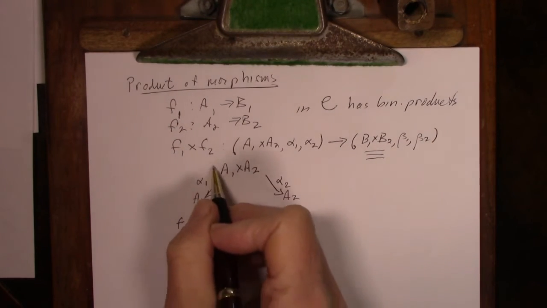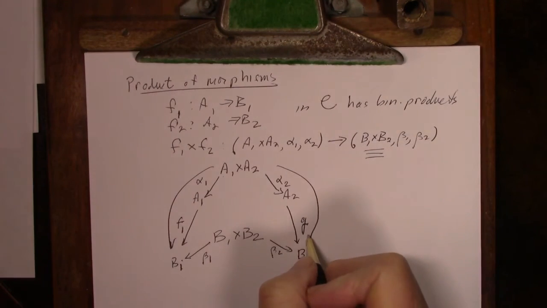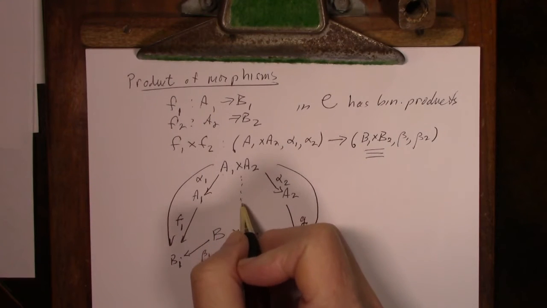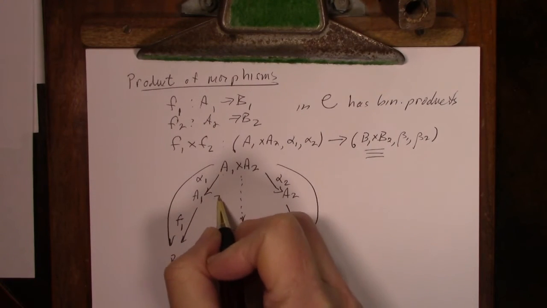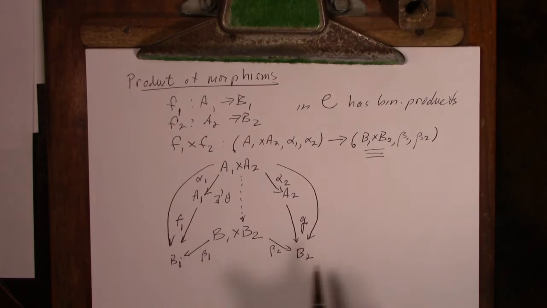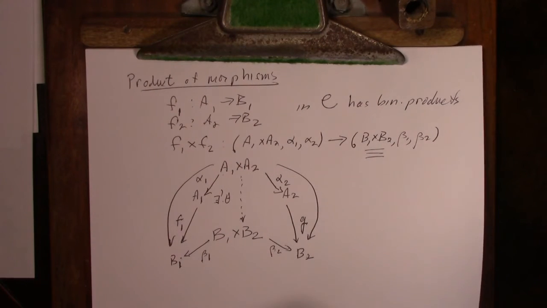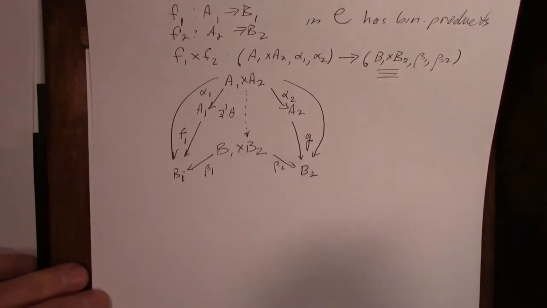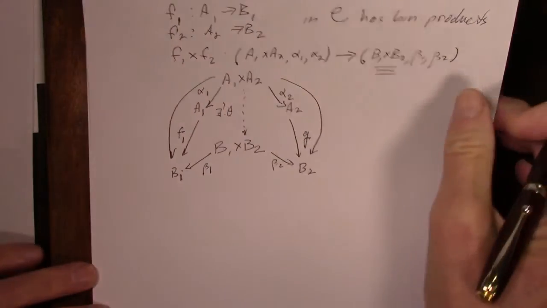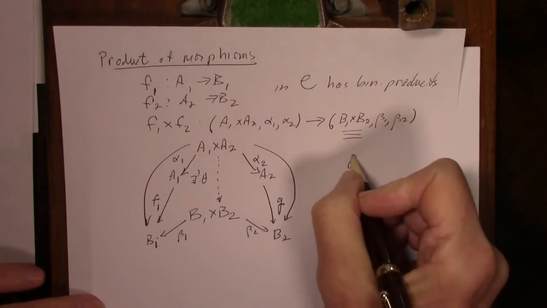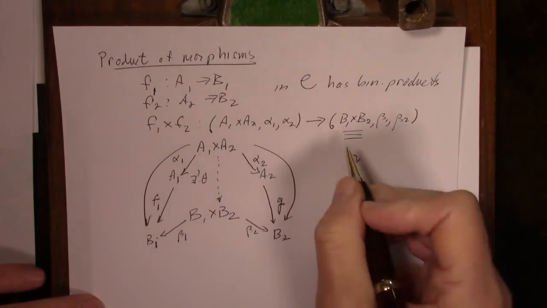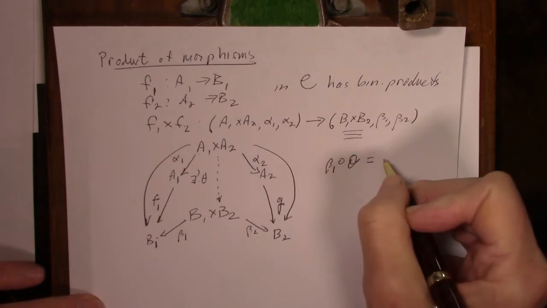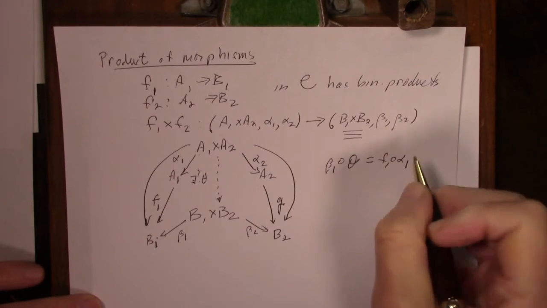So these composite maps are just what we need to guarantee that there is a unique map theta for which, if we start with theta and then we follow with beta 1, we will get this composite F1 composed with alpha 1.